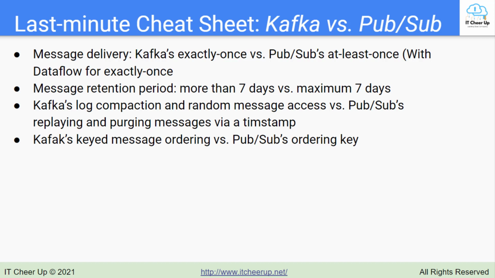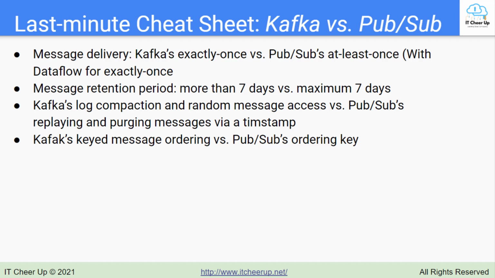The third difference is on log compaction or random access. Kafka's log compaction ensures that Kafka will always retain at least the last known value for each message key within the log of data for a single topic partition.